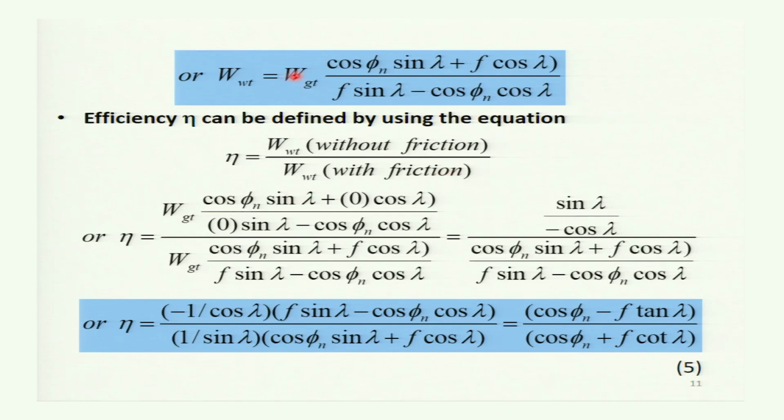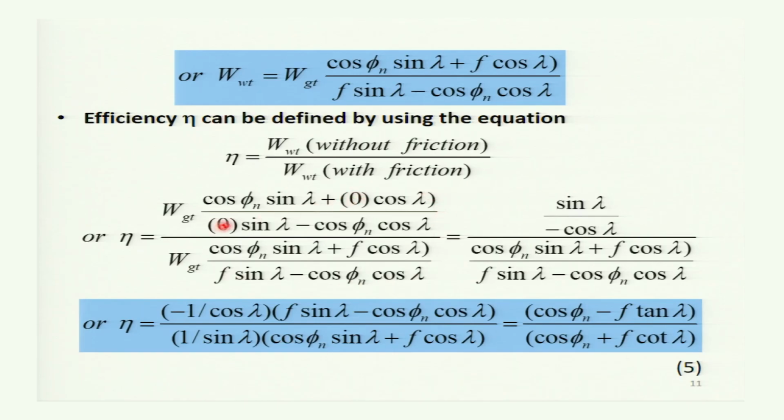So, we have this equation for the tangential force on the worm. To determine Wwt without friction, this F will be substituted as 0, and this equation will be taken, that is done here.